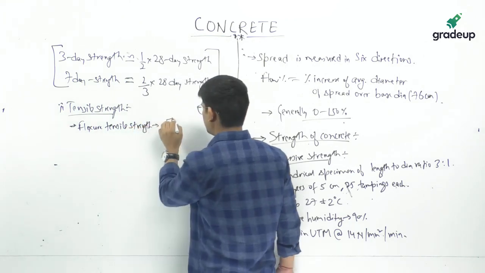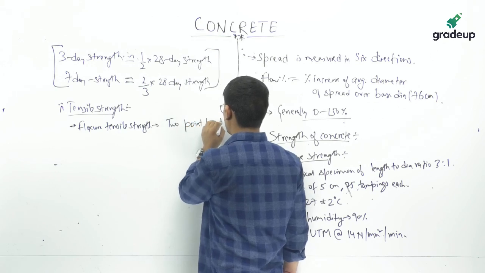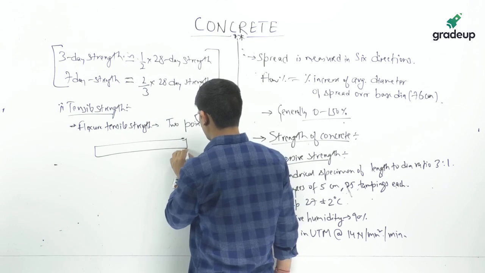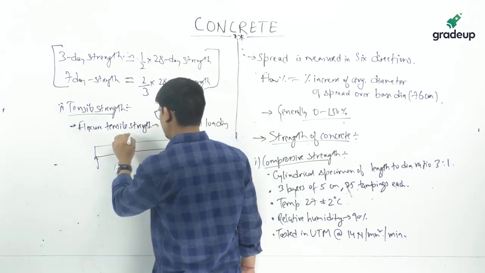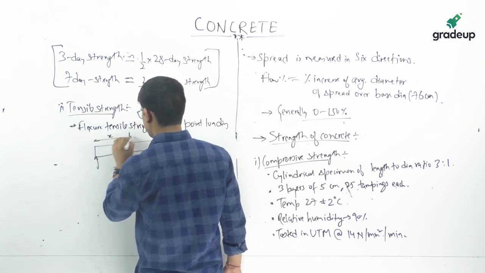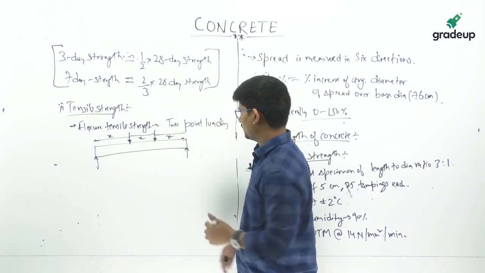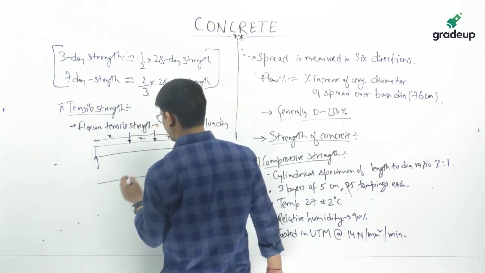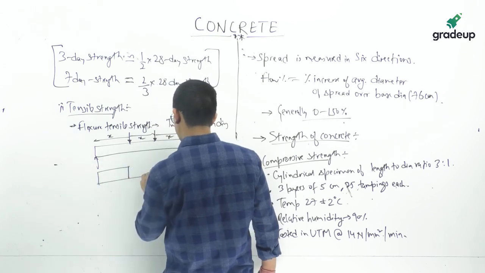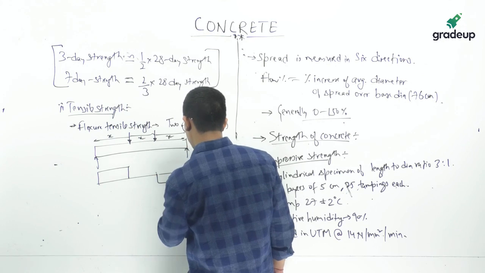Now for this we apply 2-point loading. A simply supported beam is constructed of concrete, okay, and we apply unit loading. This distance is x, this distance is also x, and this distance is also x. Okay. So what happens is the bending moment diagram. Now here the shear diagram will be something like this.